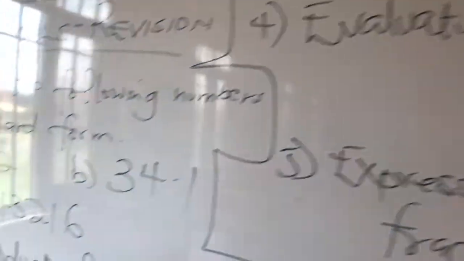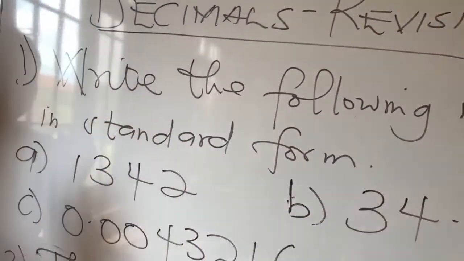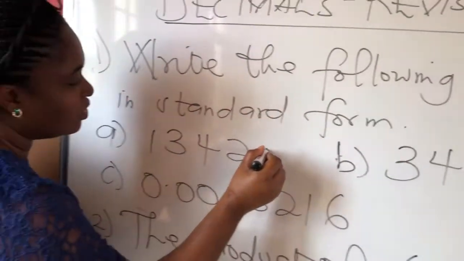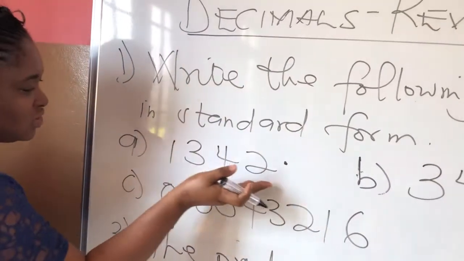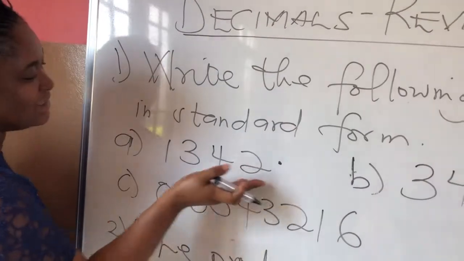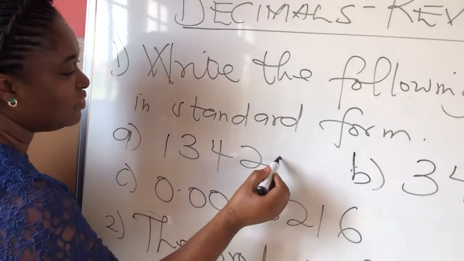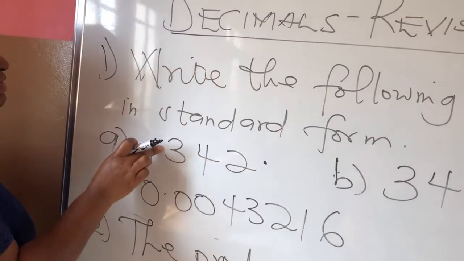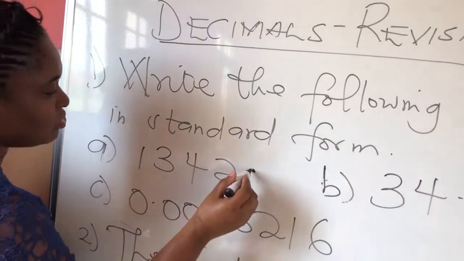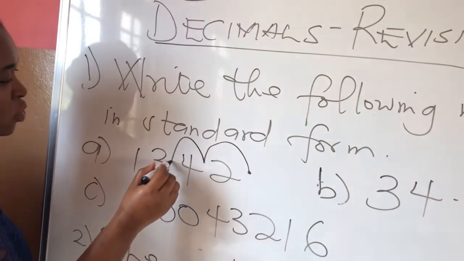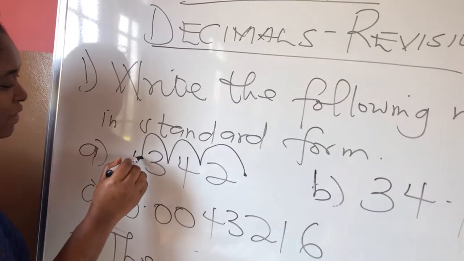Okay, let's take the first question. You know that anytime a number is standing on its own, there is an original decimal point here. This is not in standard form. They said write this in standard form. So that means you have to move this decimal point to the first significant number starting from your left. So let's move. 1, 2, 3. So our decimal point is here.